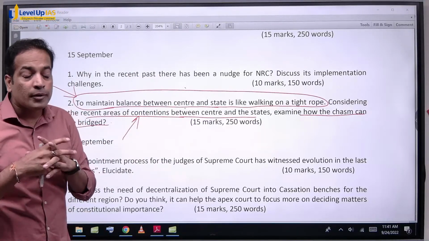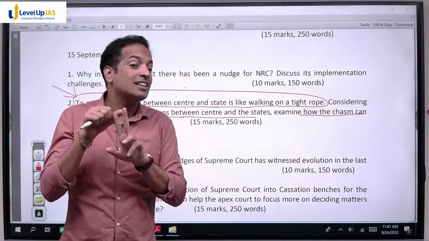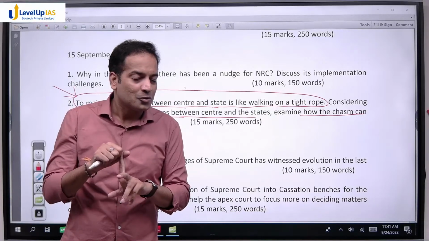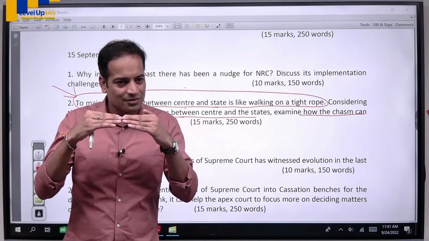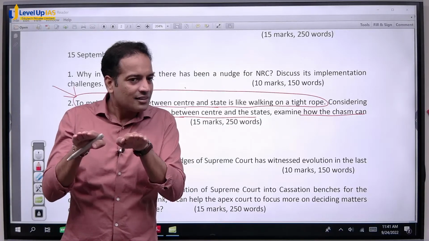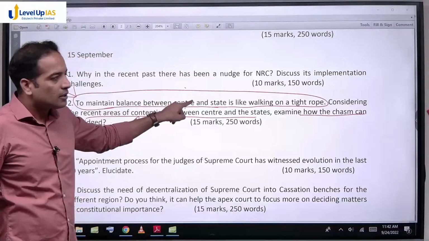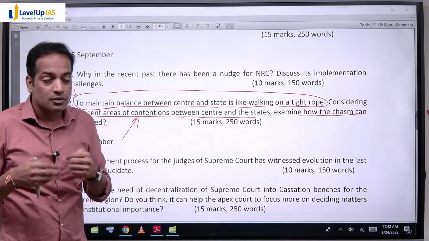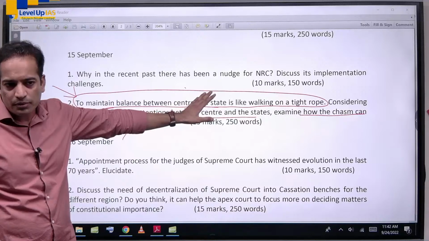Because center has to ensure uniformity of administration and state looks at their own autonomy. So when these two things are in conflict, naturally there will be tension. So these two competing interests tend to create conflict, and that is why it becomes a very difficult task to ensure the balance. So through this you have substantiated that it is like walking on a tightrope.